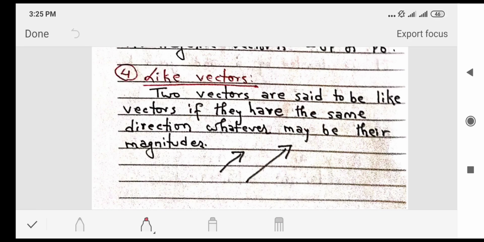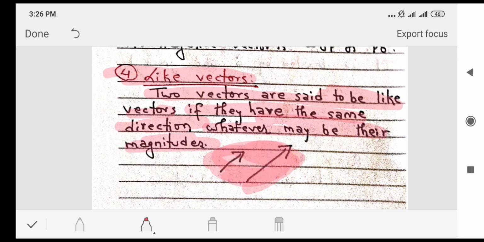Similarly, let's go to our next topic, that is like vector. So what type of vectors are called like vectors? You can see in the figure also, magnitude doesn't matter, but the direction should be same. So two vectors are said to be like vectors if they have the same direction, whatever may be their magnitude.